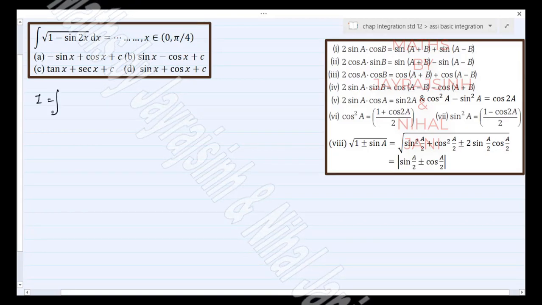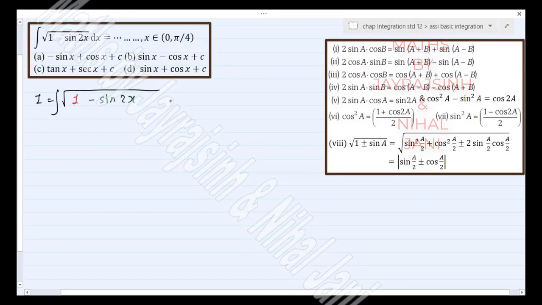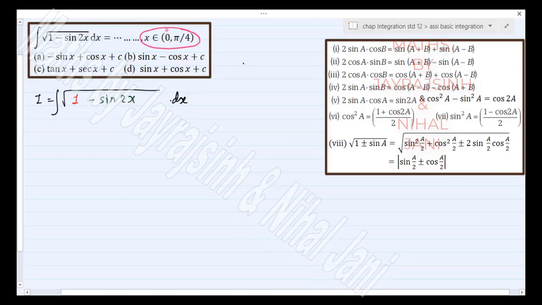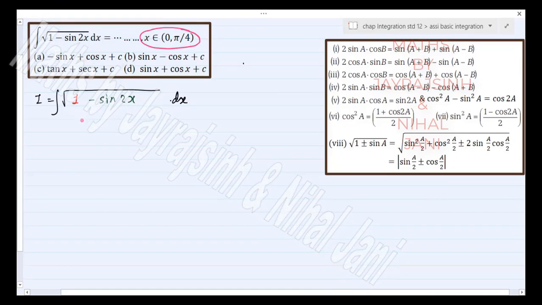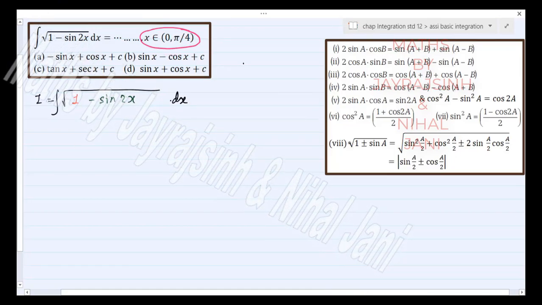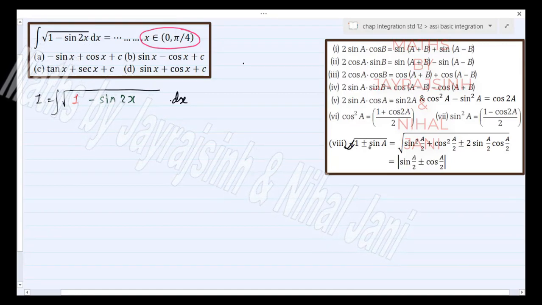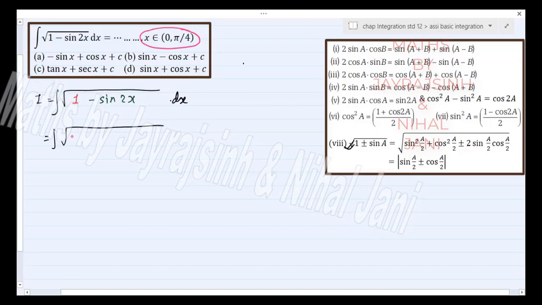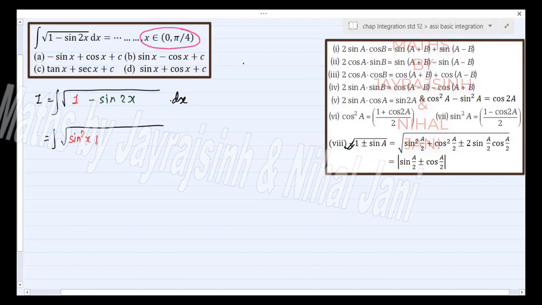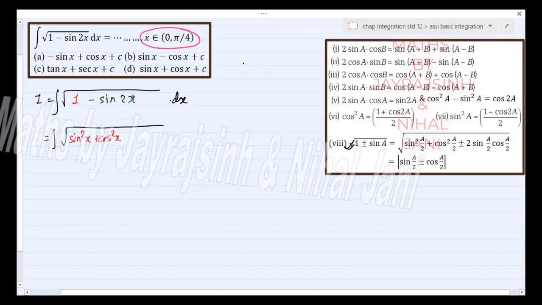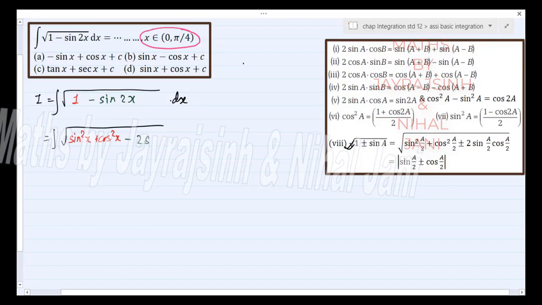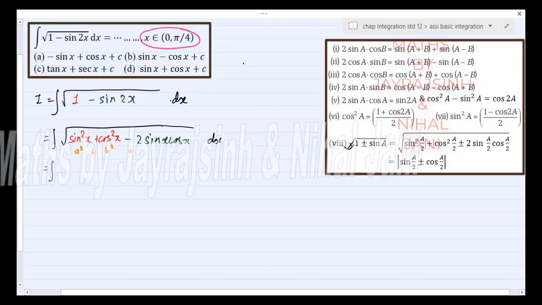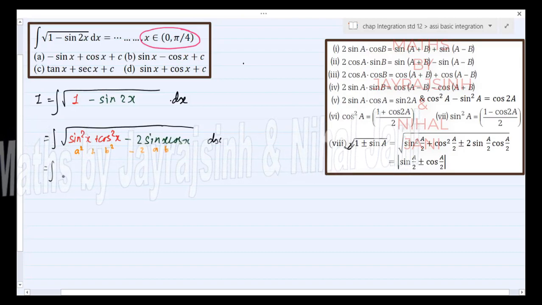Here we have one interesting question. You have to integrate, and the important point is our x is pi by 4. Now, as we know, whenever we have under root of 1 plus or minus sin 2x, we just have to replace our 1 by sine square x plus cos square x, and sin 2x can be used as 2 sin x cos x, and so here we get a square form.